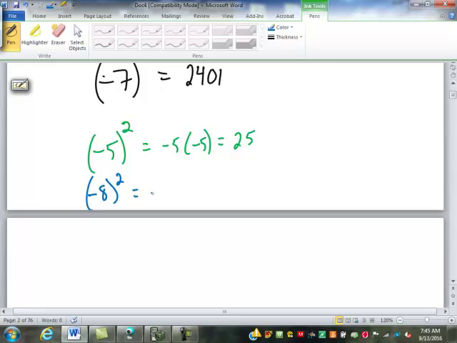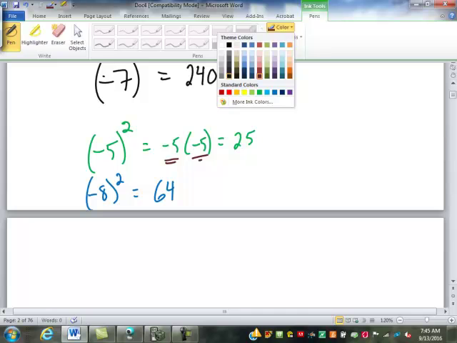Positive or negative? Positive 64, yes. Looking at this, we can see anything squared has to be positive because anything times itself is either a positive times a positive, which is positive, or a negative times a negative, which is also positive. So anything squared will be positive.